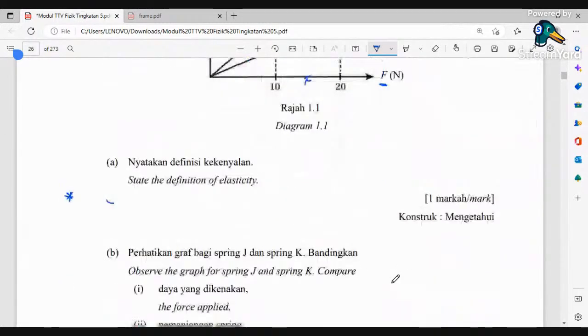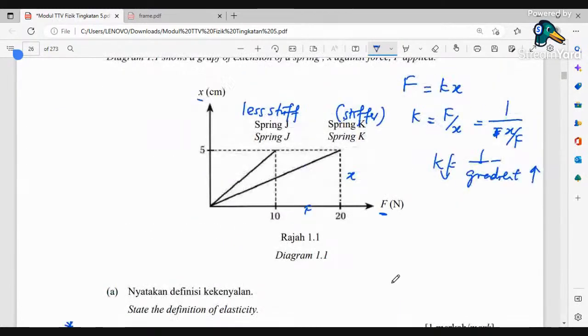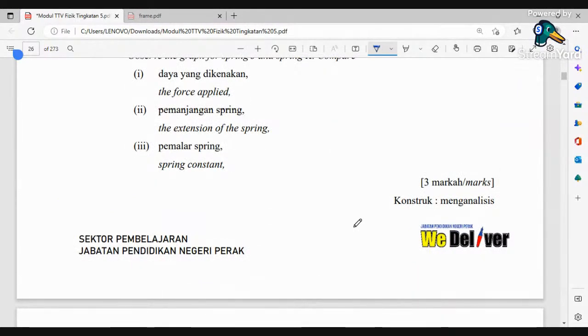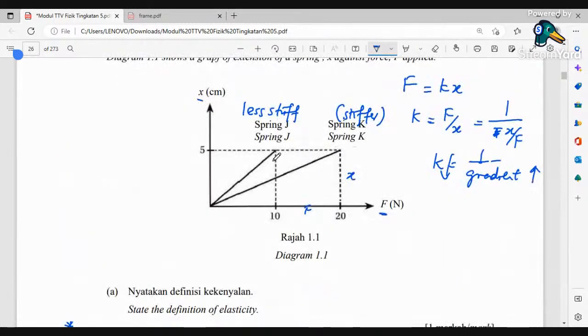Okay, so now compare force applied. Tak sama, force applied for spring J is smaller than K. Okay, extension. Extension sama tak?